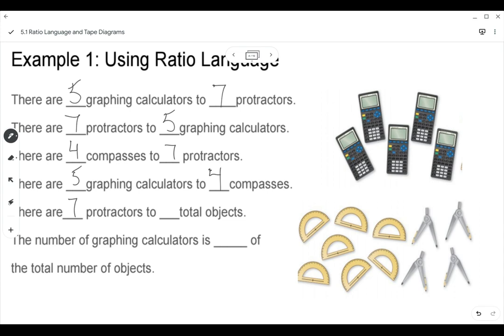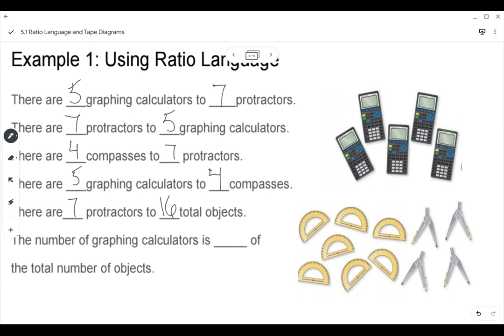There are 7 protractors to blank total objects. When I'm counting the total, I want to include the protractors with the calculators and the compasses. So this is a total of 16, not 9. And the number of graphing calculators is something of the total number of objects.